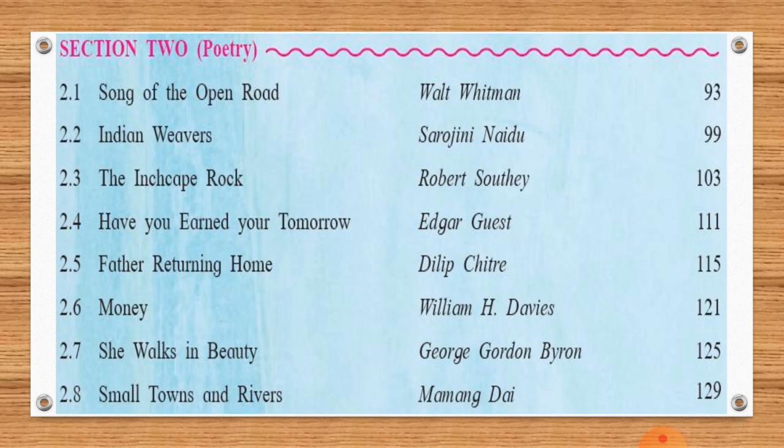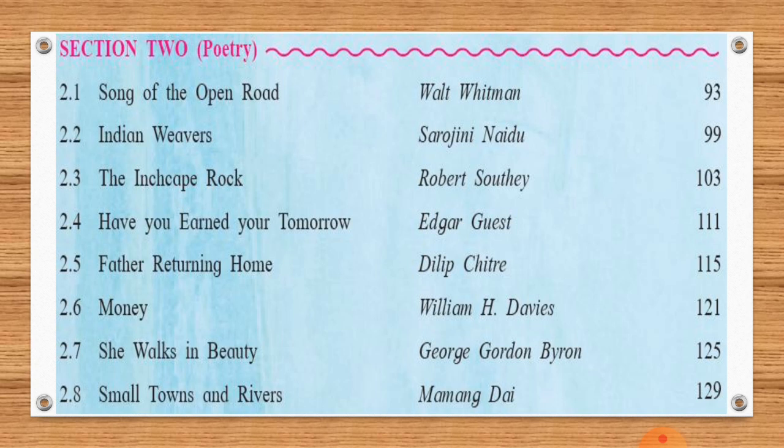Then our next poem, She Walks in Beauty, composed by George Gordon Byron, is a short lyrical poem, and this poem is celebrating female beauty. And the title of the last poem is Small Towns and Rivers, composed by Indian poet Mamang Dai.